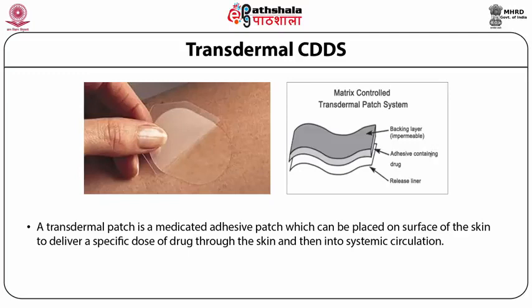Then there is the adhesive, which serves to adhere the components of the patch together along with the patch onto the skin. Then we have a rate controlling membrane, which controls the release of the drug from the reservoir and the multi-layer patch. And finally, we have the backing layer, which protects the patch from the outer environment.